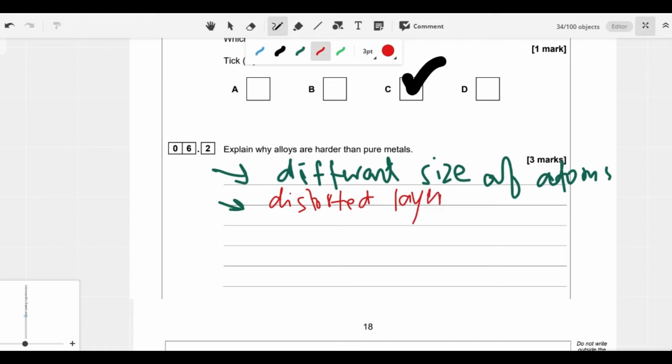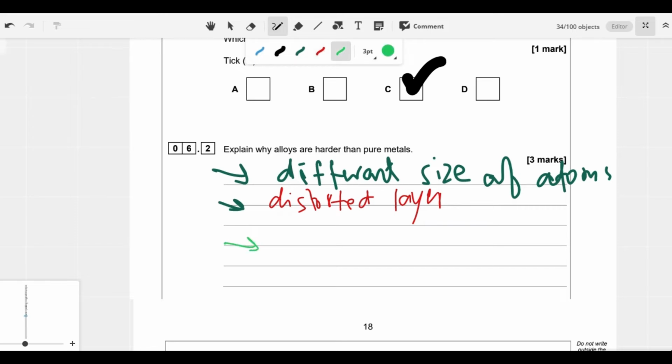So it means there will be a need of great force, or you can say that the layers slide over each other less easily than in the pure metal.